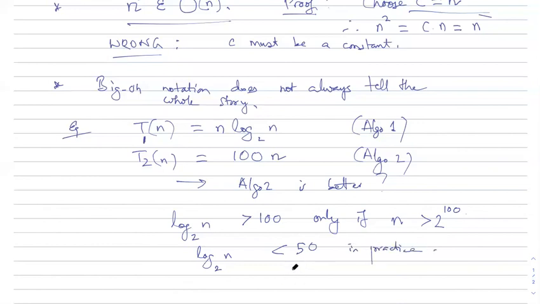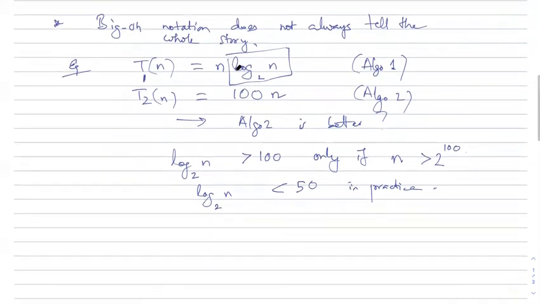So for this multiplier to become a huge deal, n has to be a very big number. Therefore, in this case, because it's 100 times n, n log n would naturally be faster in practice.